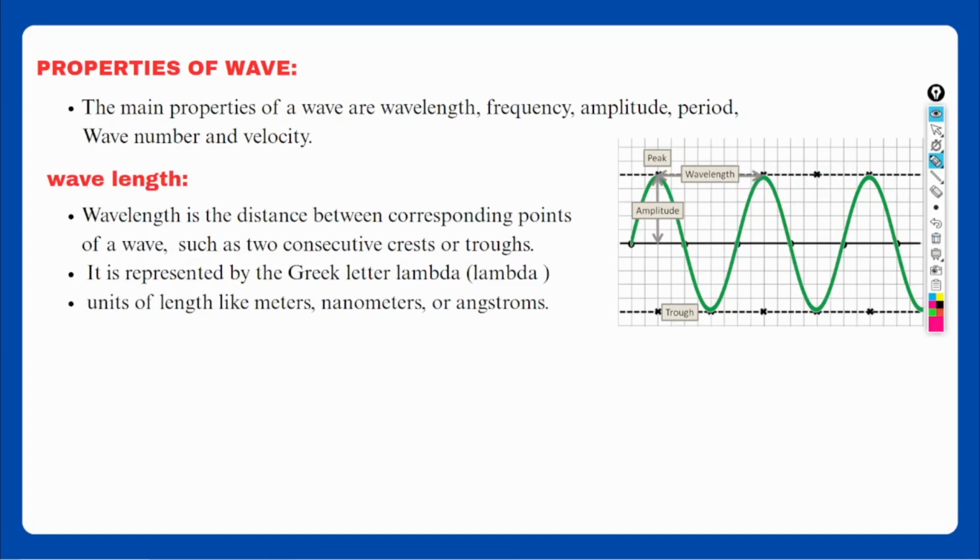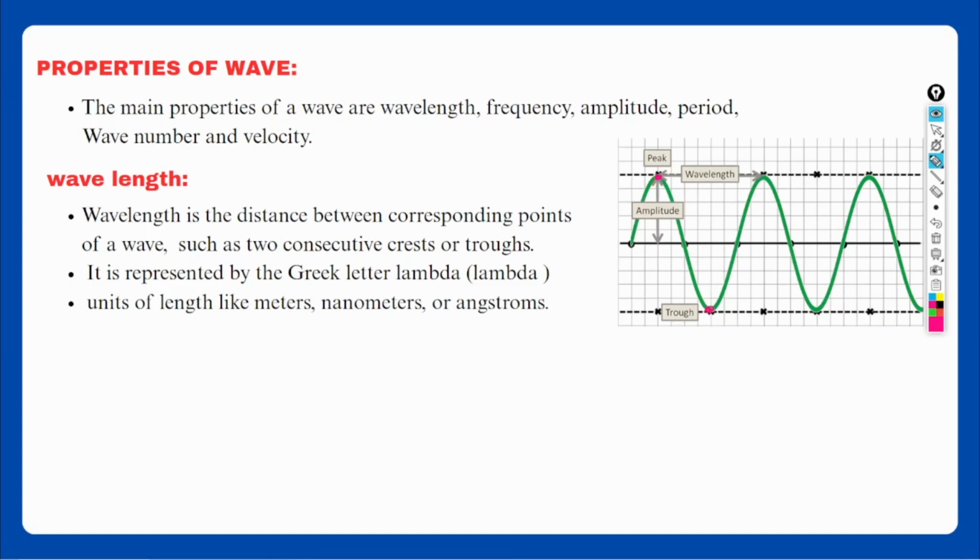The wave is characterized by certain properties. One of the important properties is wavelength. What is wavelength? The distance between the corresponding points of a wave. That means here the corresponding height of the wave is nothing but the crest. Here the depth of the wave is nothing but what?